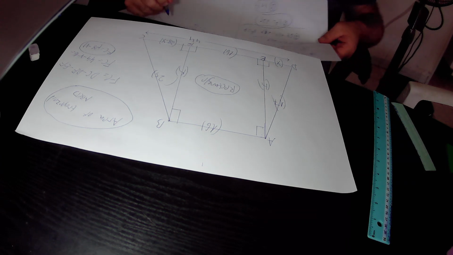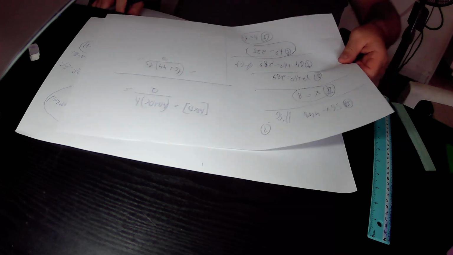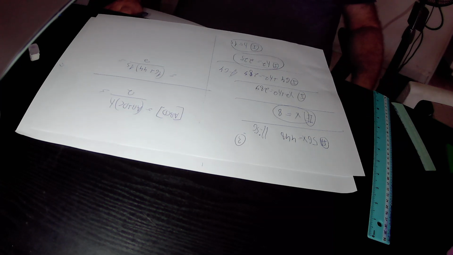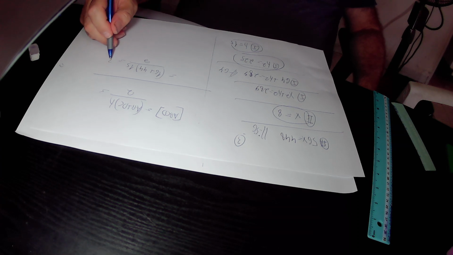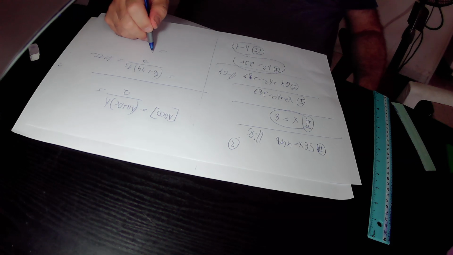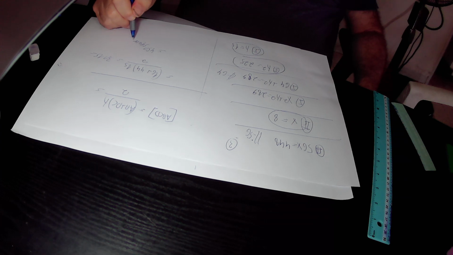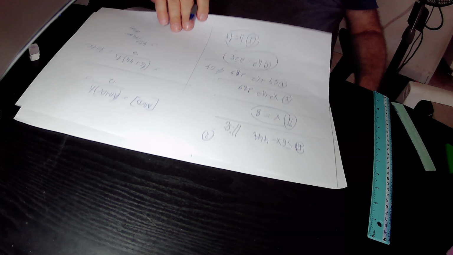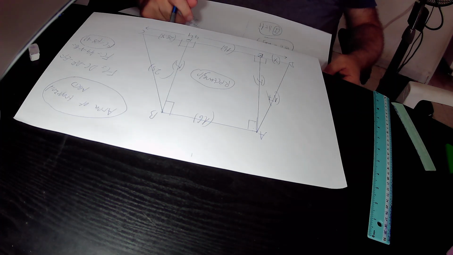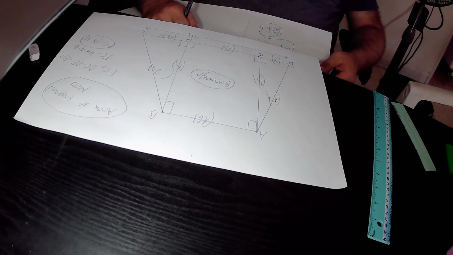So in total, we found out that the area of trapezoid ABCD equals 16 plus 44 is 60, and 60 over 2 is 30. So it is actually 30 times 15. 30 times 15 is 450 square units. Repeat again, the area of this trapezoid ABCD equals 450 square units.